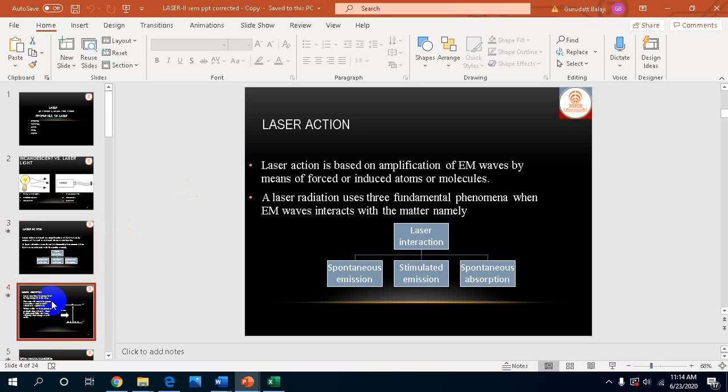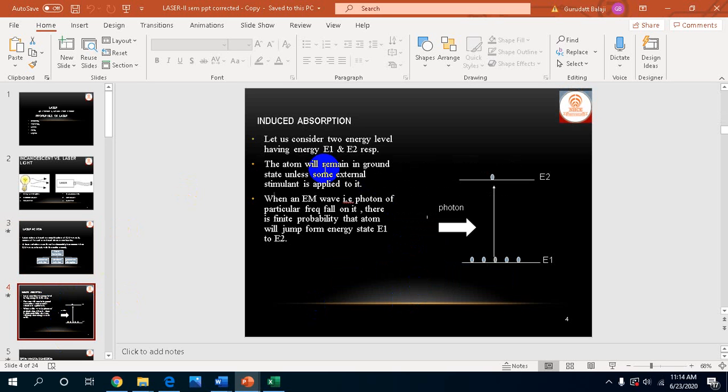Next, let us try to understand the three processes in detail. Induced absorption. Let us consider two energy levels, E1 and E2, and a photon energy. I am sending light in the form of photons. The energy of each photon is h nu. When an atom in the ground state absorbs the energy of the photon and makes a transition from E1 to the E2 state, such a process is called induced absorption.